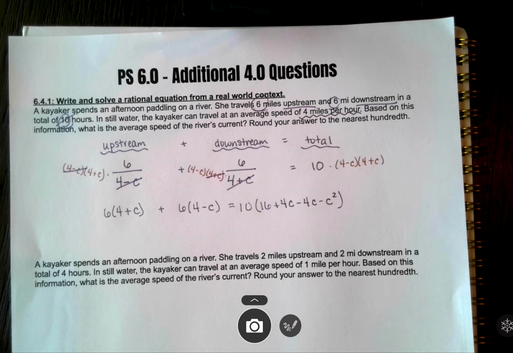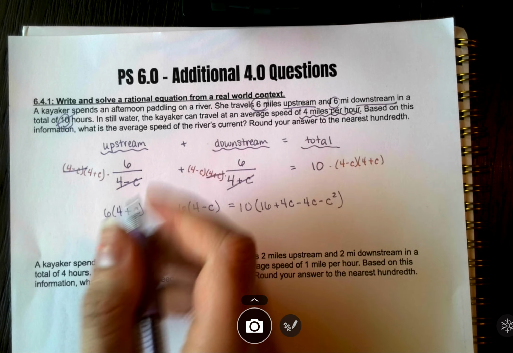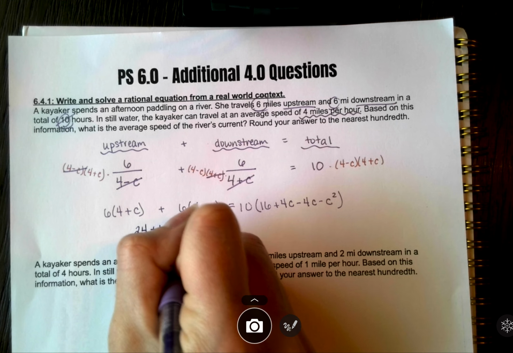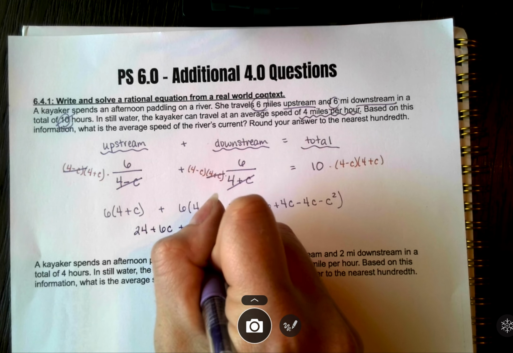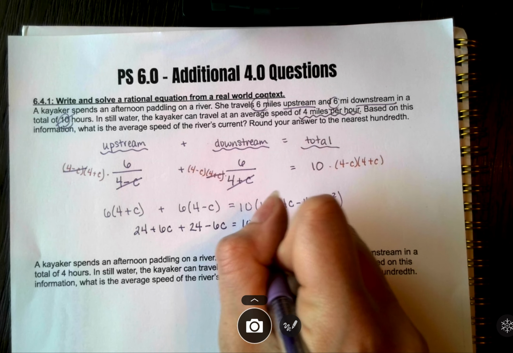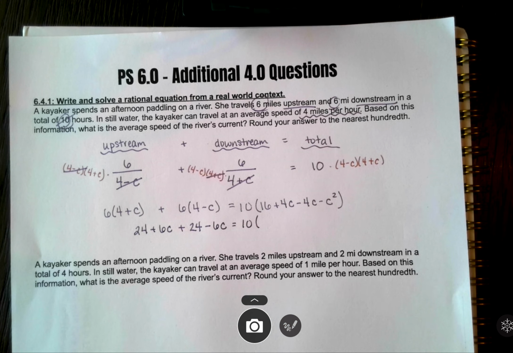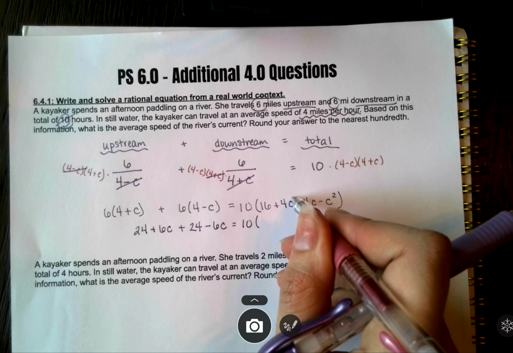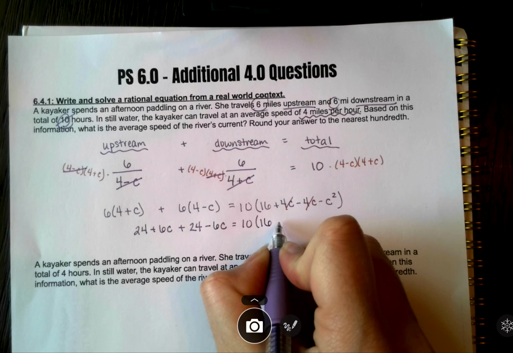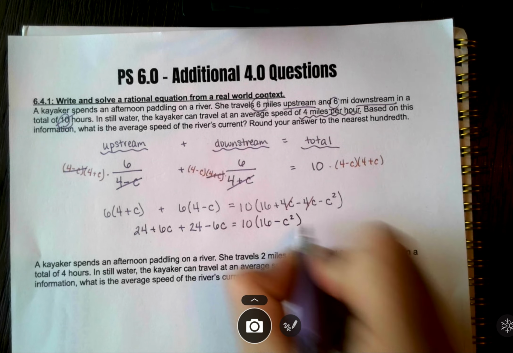And I just distribute that out. So I want to simplify this. Here I'm going to distribute my 6 in, so I'll have 24 plus 6c, and then 24 minus 6c. I'm just going to simplify the inside here. 4c minus 4c will go away, so I'm left with just 16 minus c squared.